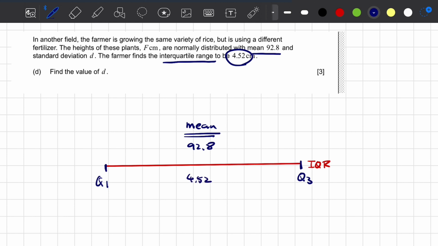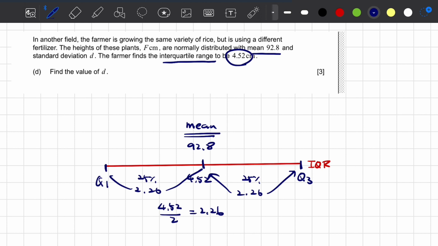Since Q1 is 25% away from the mean, and the Q3 is also 25% away from the mean, we can say that 4.52 divided by 2 is 2.26. 2.26 is happening here, another 2.26 is happening here.